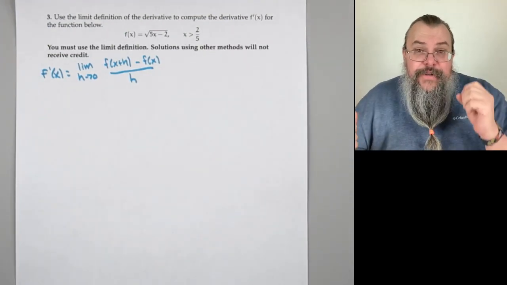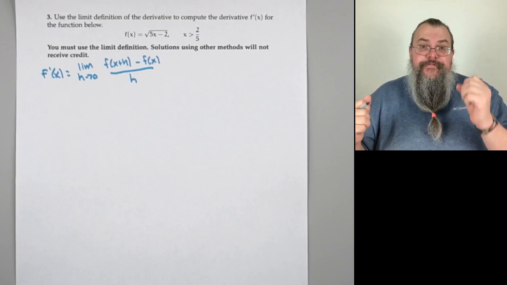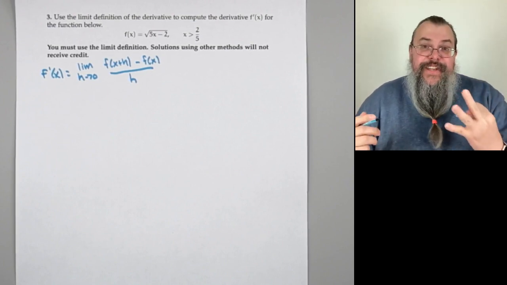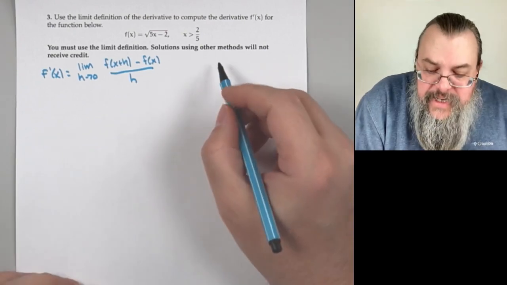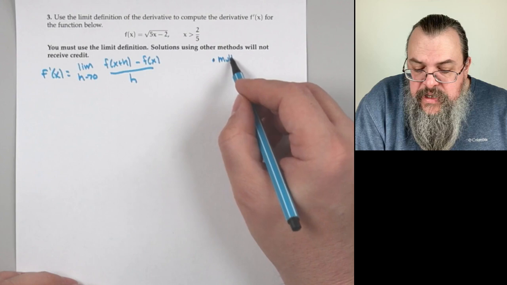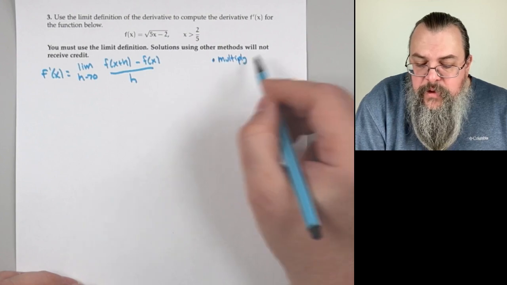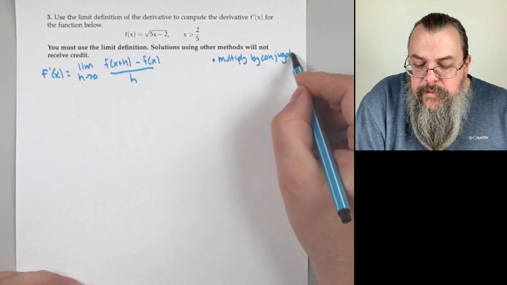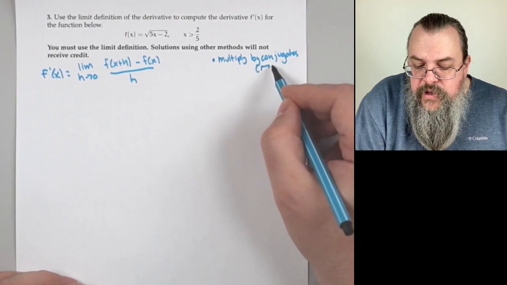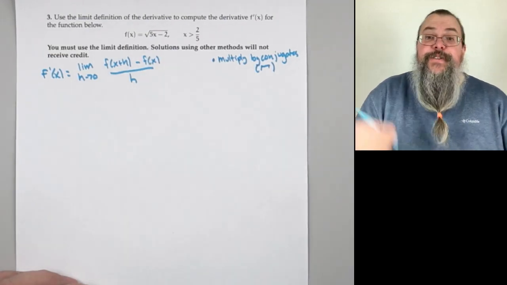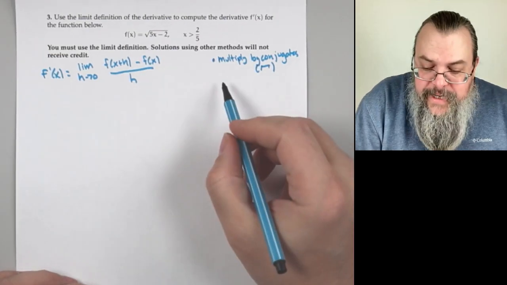Now, how do we do that? There's basically only 3 kinds of algebra tools that are going to show up. You're going to have things like multiply by conjugates, and this will certainly show up if you have a square root. If we see a square root, we know there's multiply by conjugates coming up.